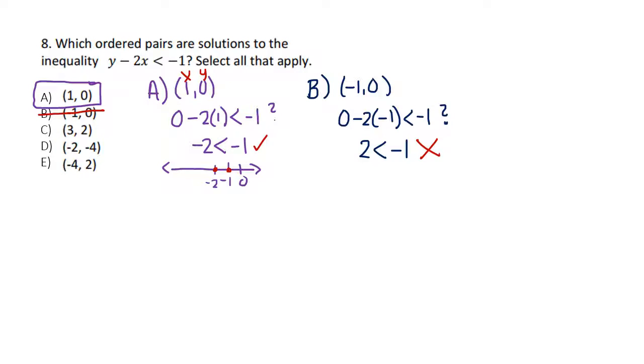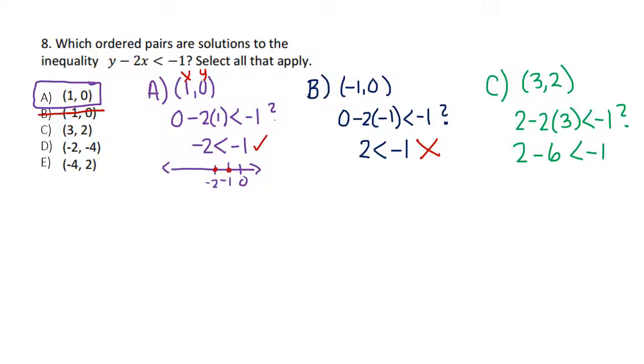Let's look at C here. For C, we have 3, 2. So is 2 minus 2 times 3 less than negative 1? This one we have a couple more steps here. We have to do the multiplication first. So 2 minus 6, is that less than negative 1? 2 minus 6 is negative 4.